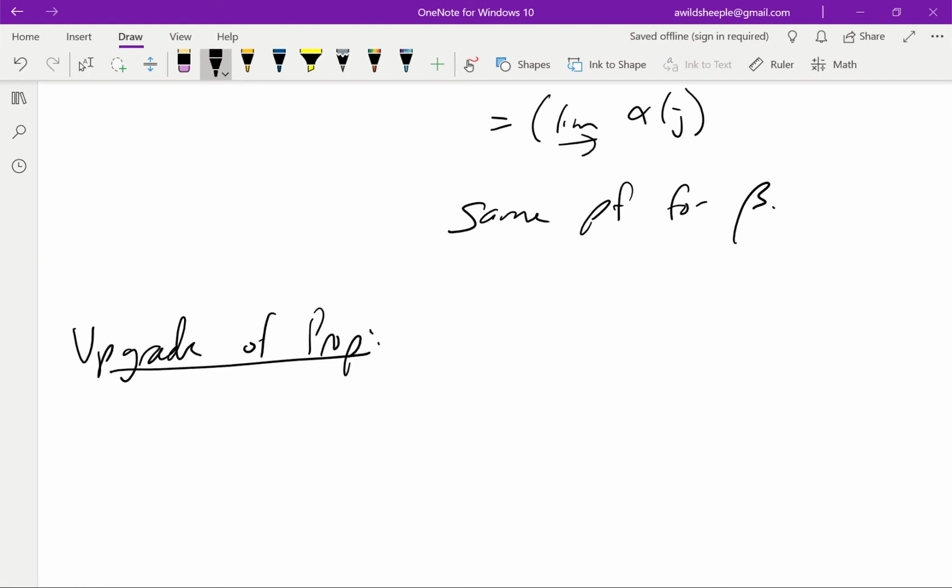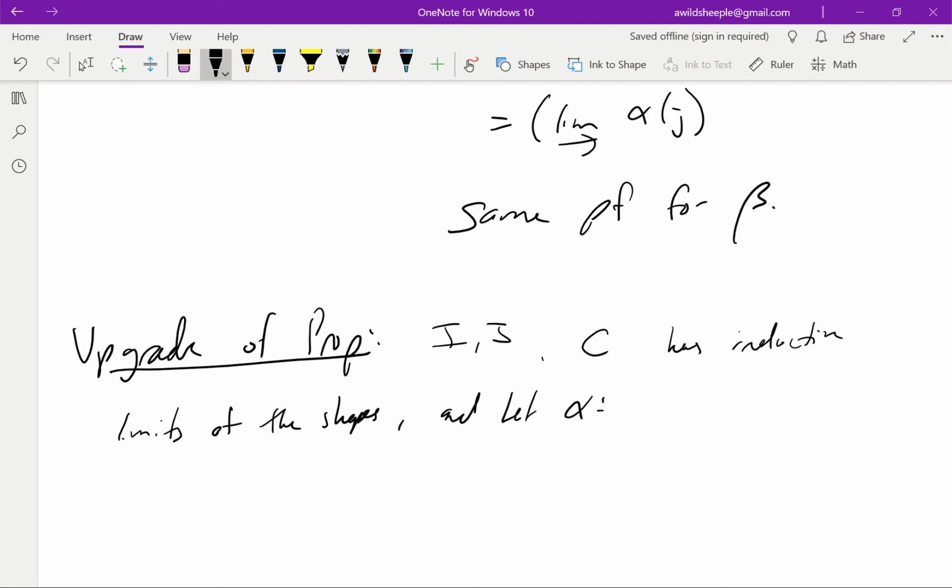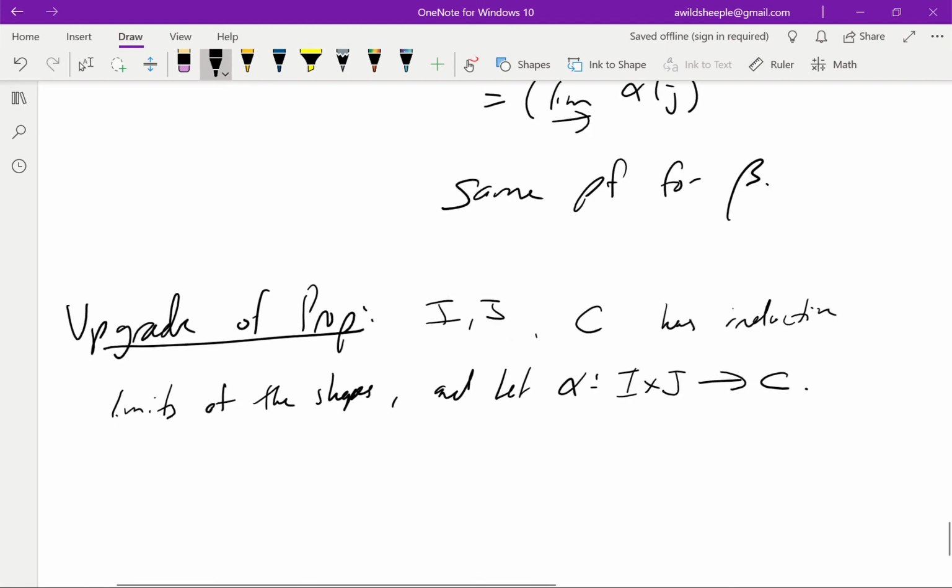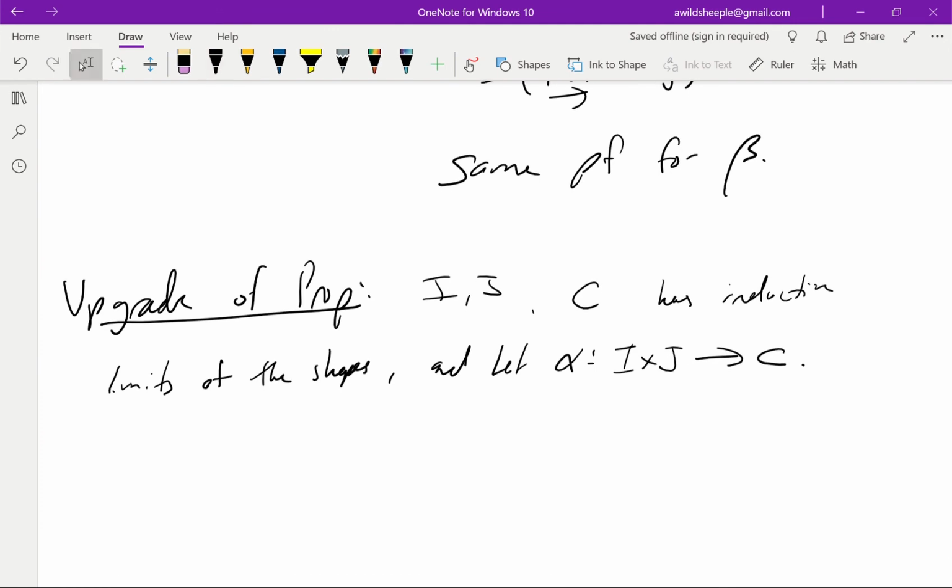Which is that if I have I and J both now two small categories, and I assume that C has inductive limits of these shapes, namely, indexed by I and J. And suppose we have a bifunctor from I cross J to C. And now we get two induced partial evaluations.